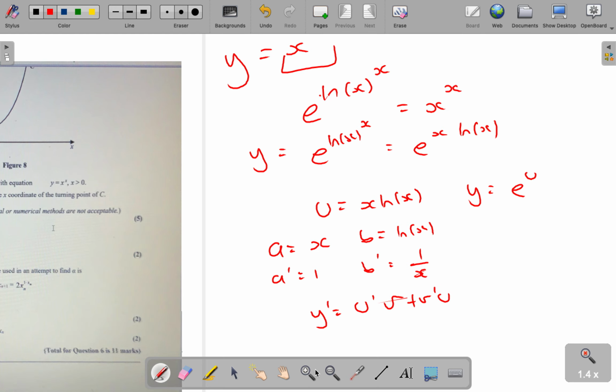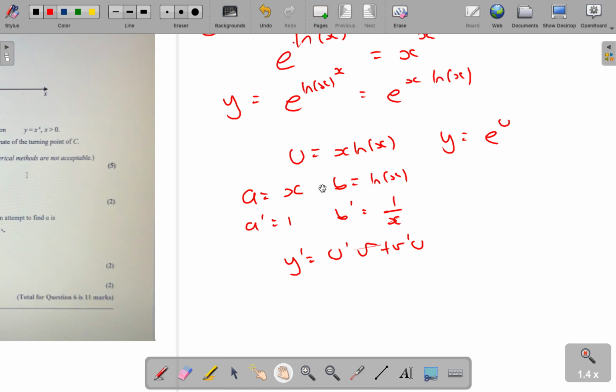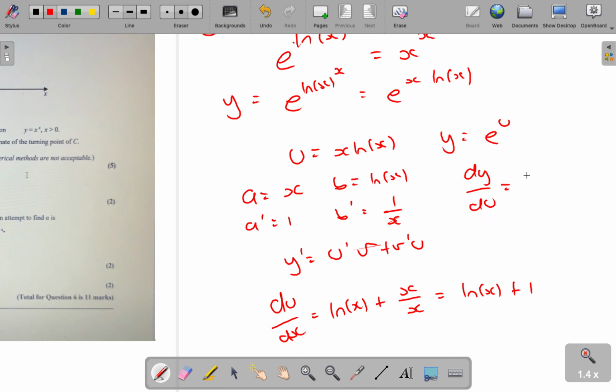This time obviously we're not differentiating with y, we're differentiating with u, but we can just replace in our values. So we get du dx is equal to 1 times ln x plus x times 1 over x, which simplifies to ln x plus 1. When we do this one, dy du will differentiate to e to the u, the standard result for an exponential.